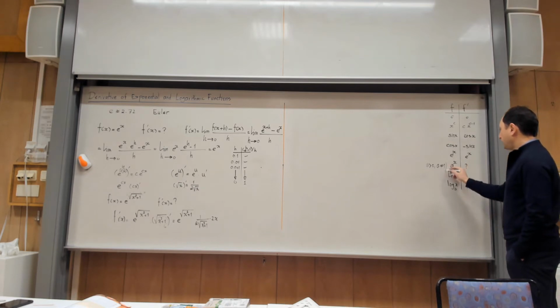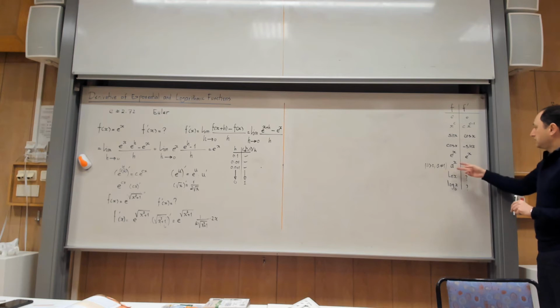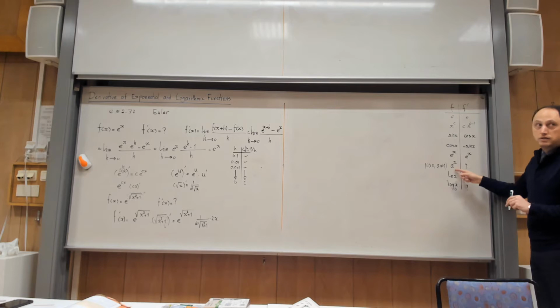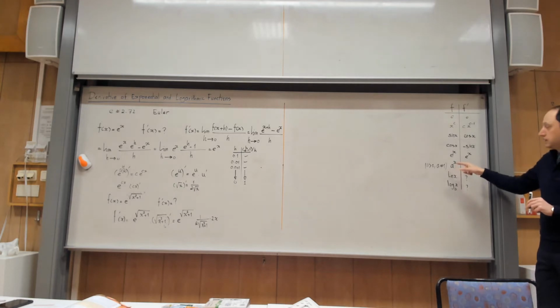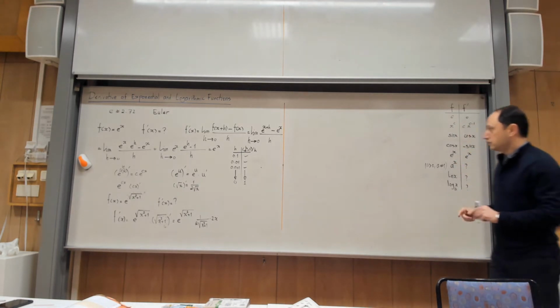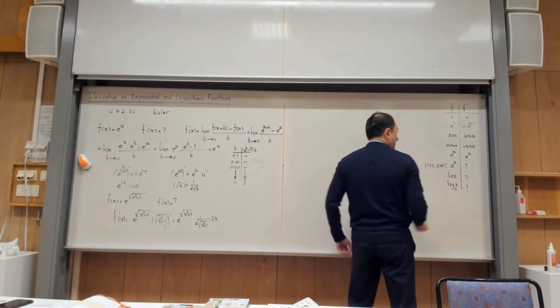That's also good, but I would prefer to write c to power x to make it clear for you what is the difference between this one and that one. So here you see x is variable, the exponent is constant. Here this is the other way around. The base is constant, the exponent is the variable. So please appreciate the difference between these two. They are different rules. Yes, this is called a power function. This is called an exponential function.